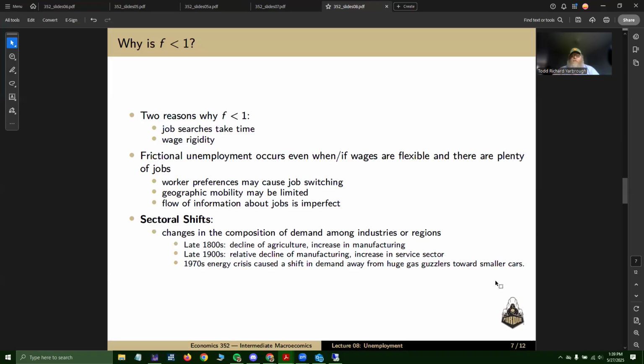There are rigidities in labor markets that arise from the fact that it takes a while, right? You may stay unemployed not because the economy's bad, but simply because you haven't found the job that exists out there for you yet. So you're still unemployed, but the economy actually has a job for you. You just haven't found it yet. So that's one reason why the job finding rate tends to be less than one.